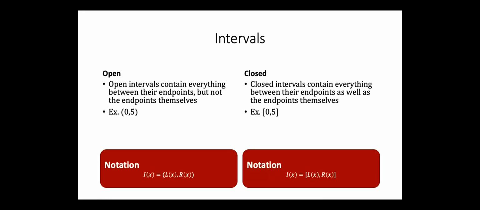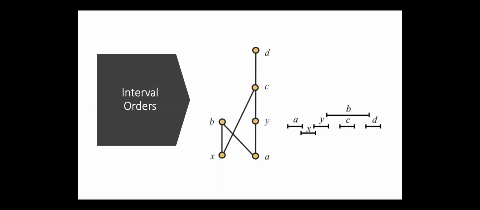It also contains 0 and 5. This is going to be really important when we talk about the interval representations of our posets. And the notation here, once again, we're going to look at the example and see that we use the brackets rather than the parentheses to represent closed intervals.